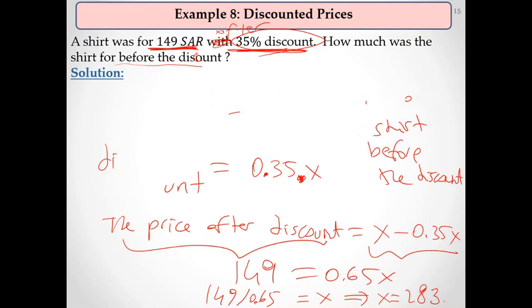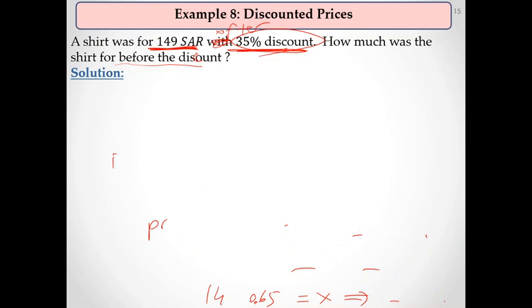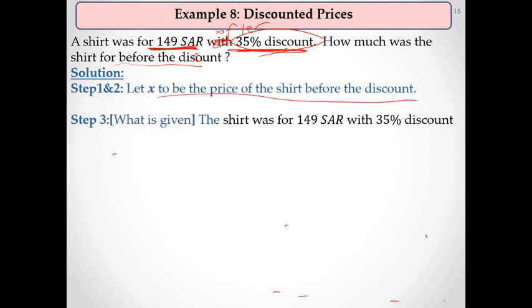If we have this rigorous solution, I want to show it here. I don't remember what we wrote in the slide. So let x be the price of the short before the discount, and what is given is the short was 149 after the discount.